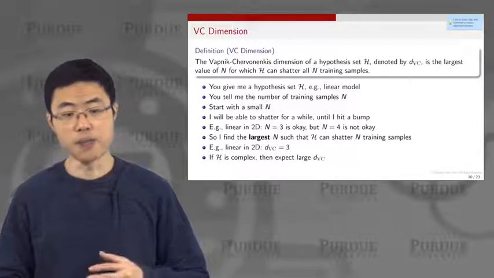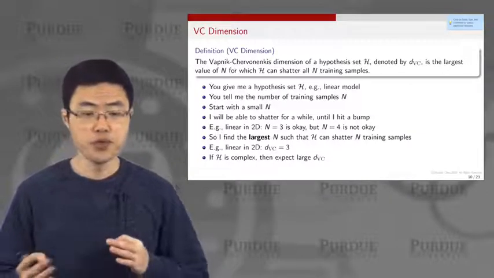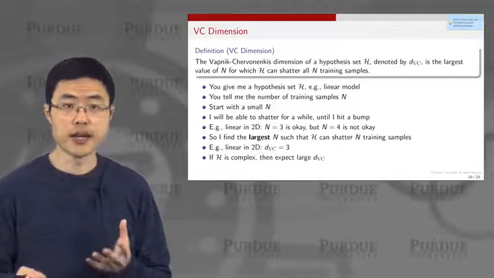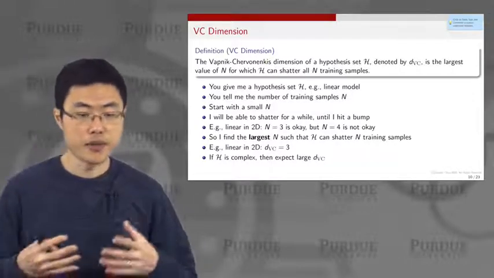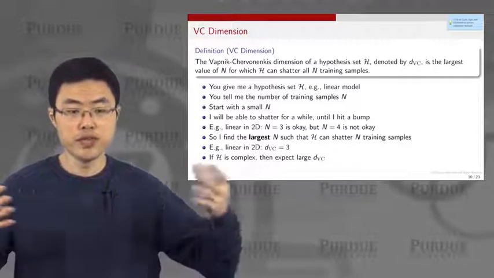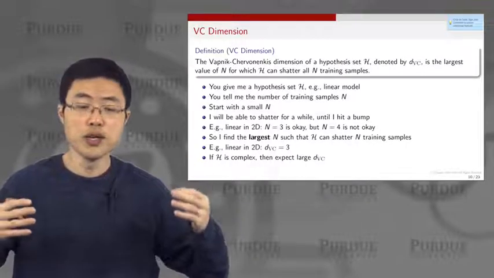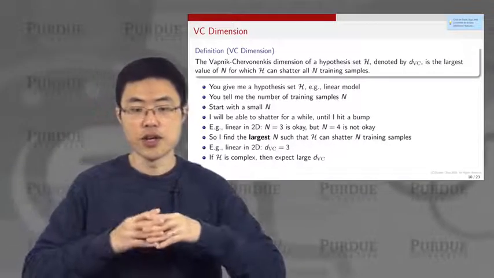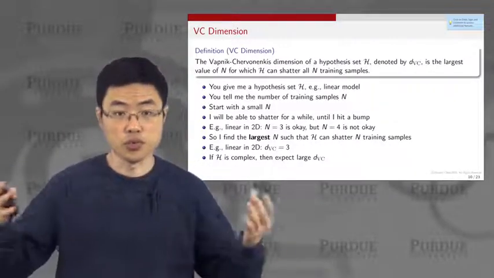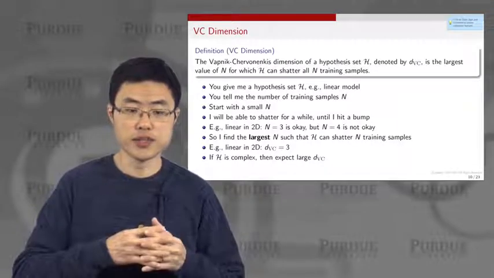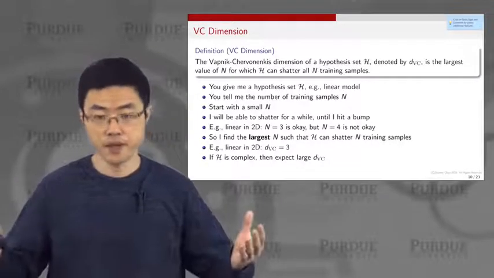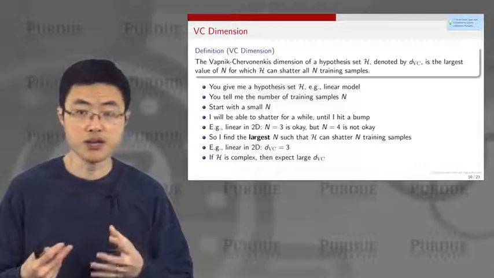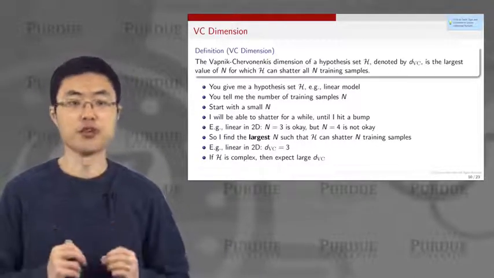Now, if H is more complex, then we should expect a larger VC dimension. Think about a quadratic classifier: you should be able to classify a much larger set of data points, and so the VC dimension grows. If you have a deep neural network, the VC dimension will go even further. So the VC dimension gives us an intrinsic measure of how expressive your model is.